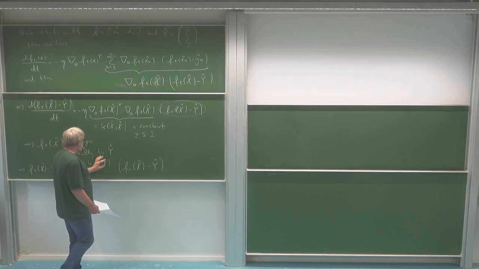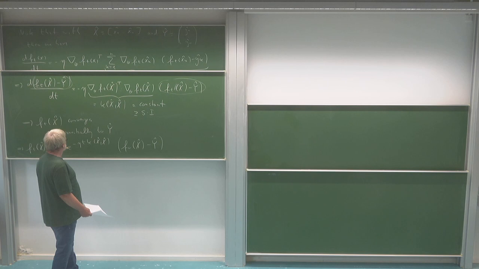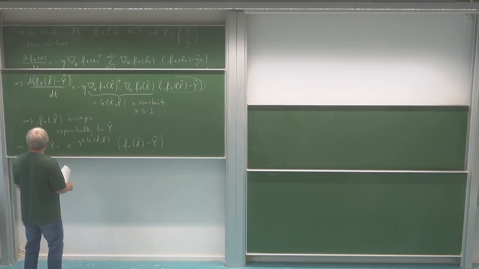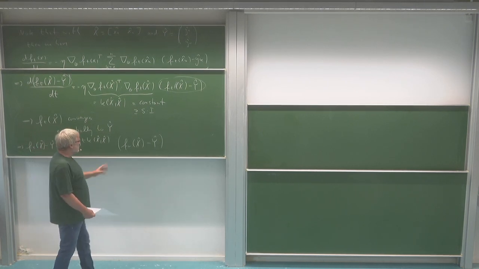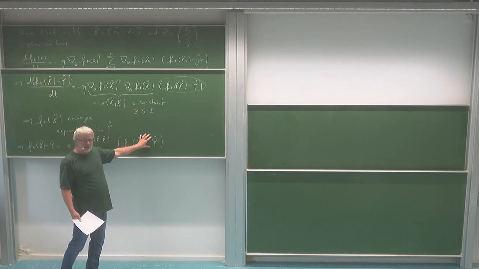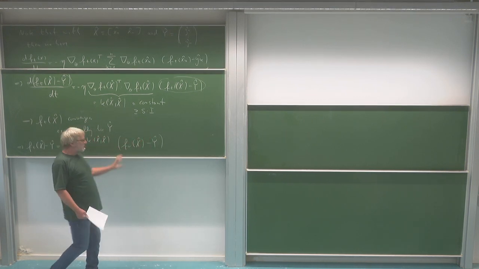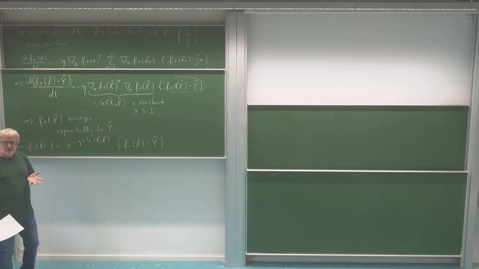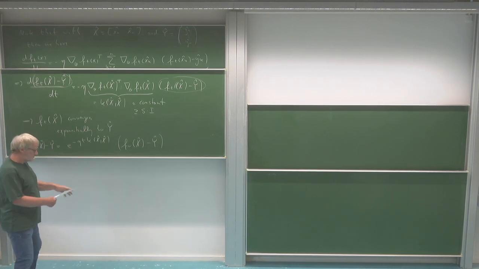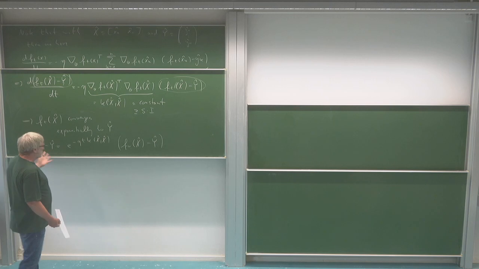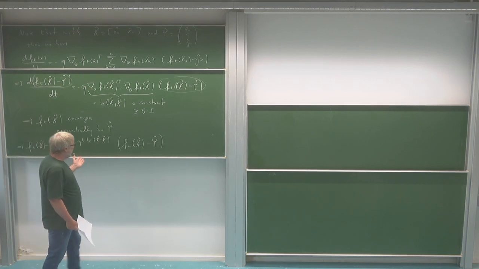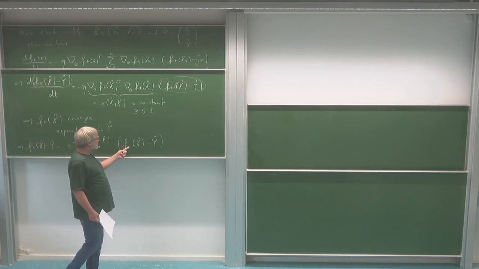So this guy here is an n times n matrix, and this here is an n-dimensional vector. So this is an n times n matrix acting on an n-dimensional vector, and I'm getting out another n-dimensional vector. That's consistent. Good.